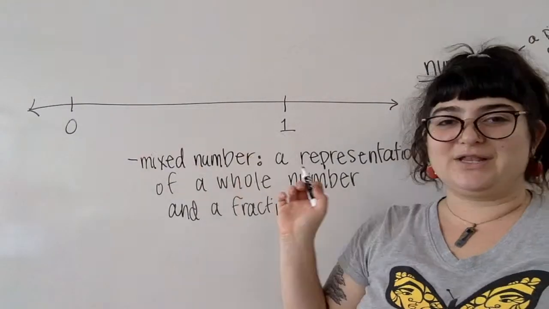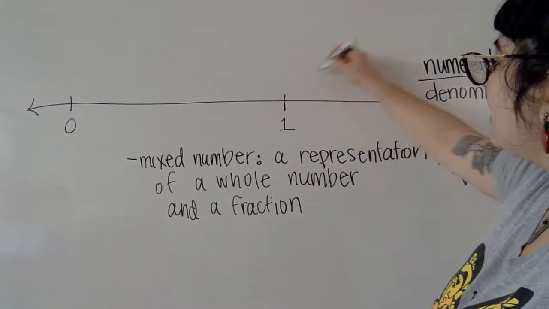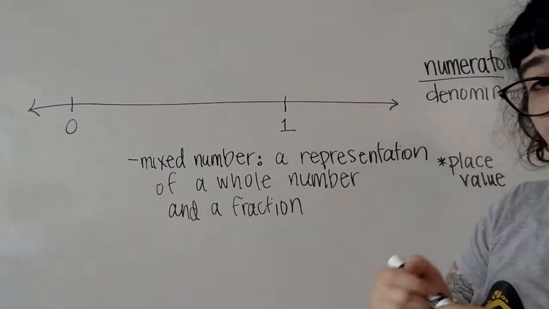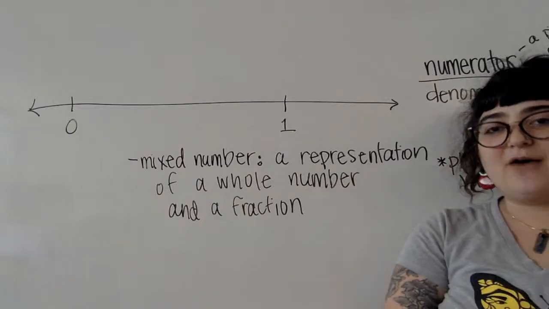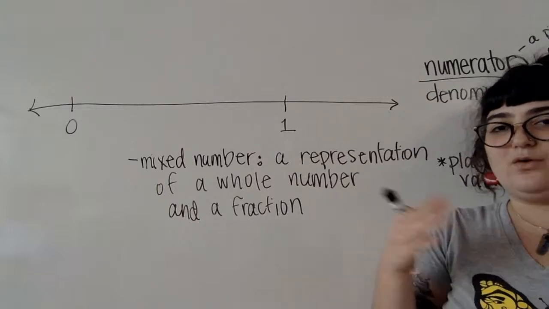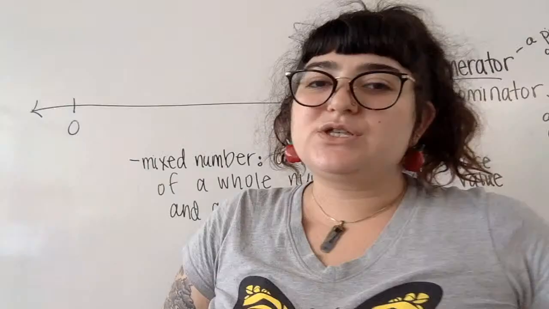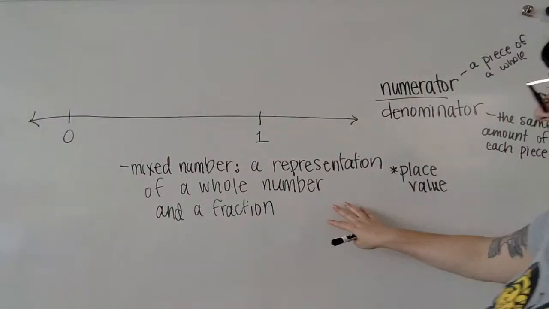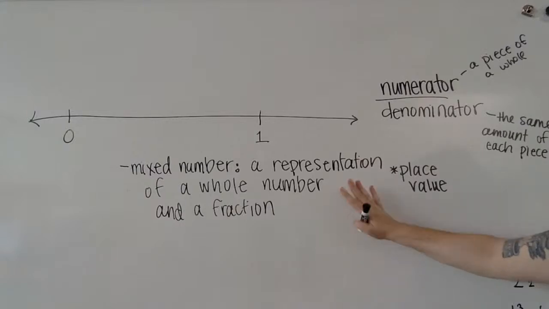I drew this number line up here to consider that our mixed numbers are going to be greater than 1. And oftentimes we're considering, well, how can we quantify or represent what more than a whole number looks like, even with fractions? So we've got this definition. A mixed number is a representation of a whole number and a fraction.